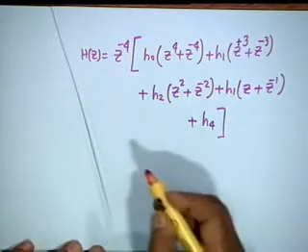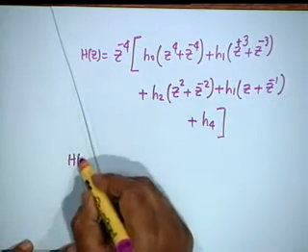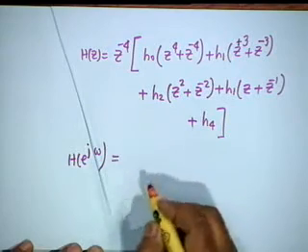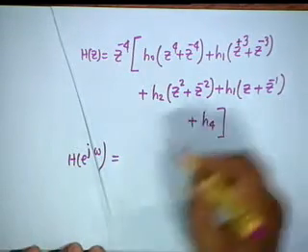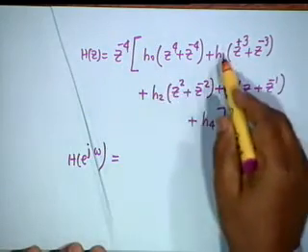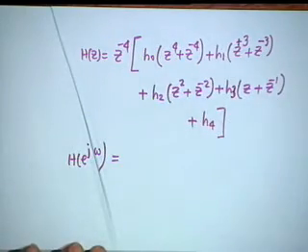Agreed? And if I now find the frequency response H of e to the j omega, this is h3. H0, h1, h2, h3. Yes.